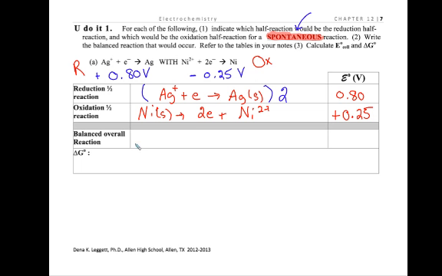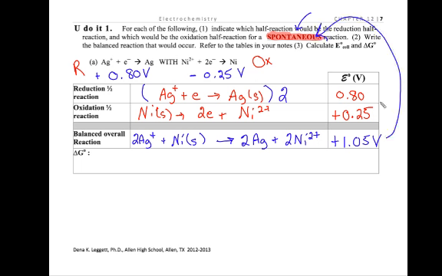And if I did that, my balanced overall reaction would be 2 silver ions, my electrons will cancel, plus a nickel gives you 2 silver solids plus 2 nickel ions. Now, I just add these up to get my EMF, and I have a positive 1.05 volts, which is confirmation that we set it up correctly.